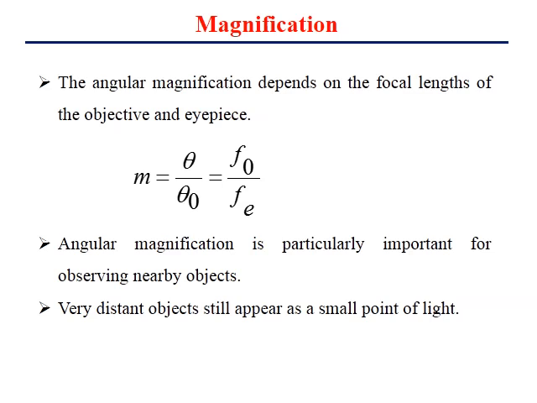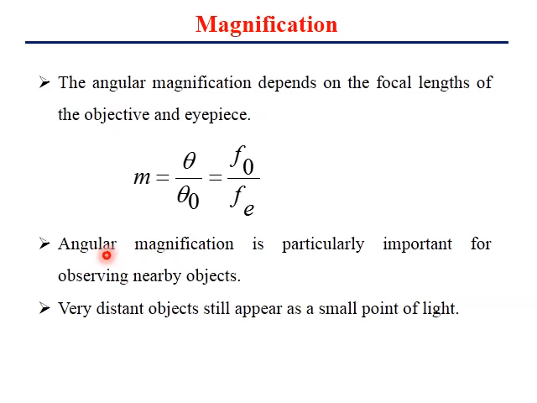Now as discussed earlier, magnification is very important for any optical instrument, and the angular magnification depends on the focal length of the objective as well as the eyepiece. This M for the telescope is given by M equals theta by theta naught, which is equal to f0 by fe.